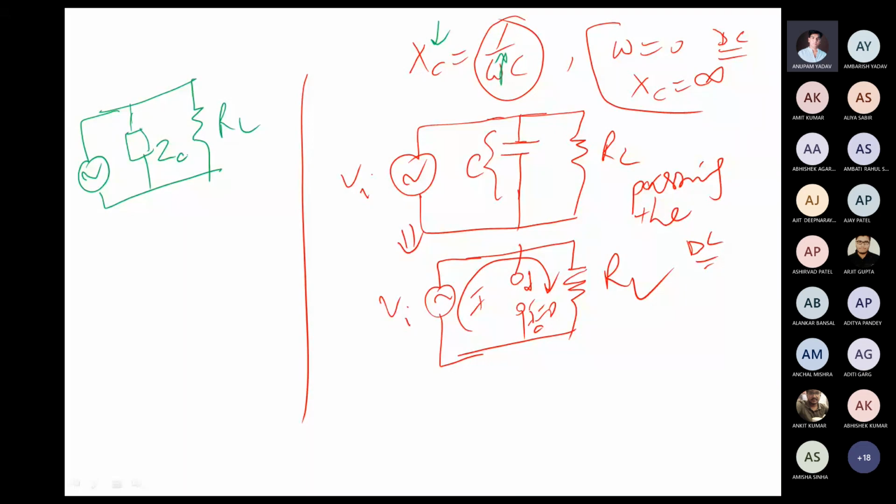Let us call it XC only. What we see here is that there is some current being driven from source Vi. A part of this is going to flow through this load resistance, and a part is going to flow through this capacitor, because the capacitor is now providing a low impedance path.